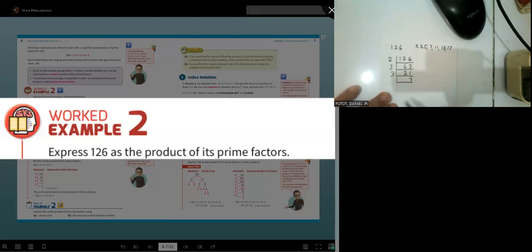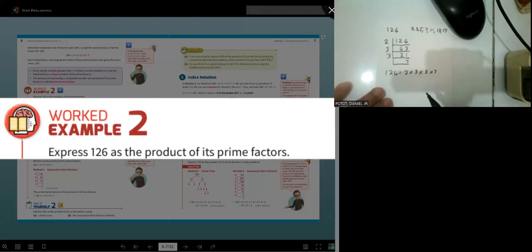So therefore, you stop. So 126 is equal to 2 times 3 times 3 times 7. Okay, so that's the answer.